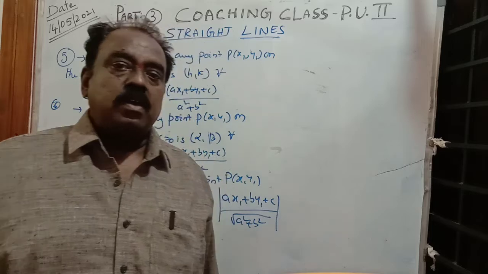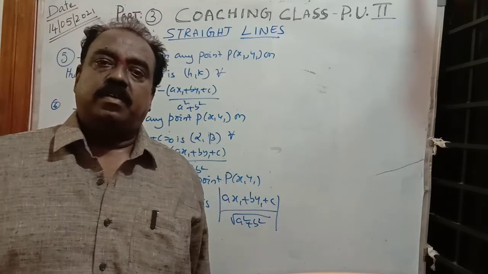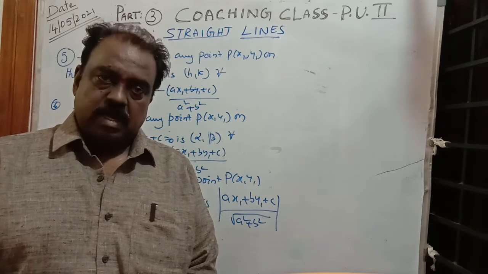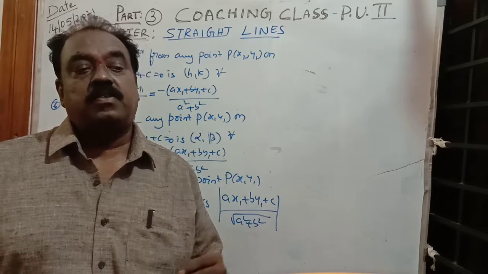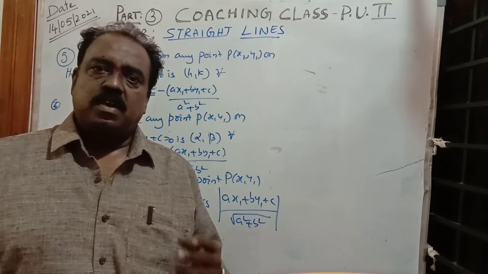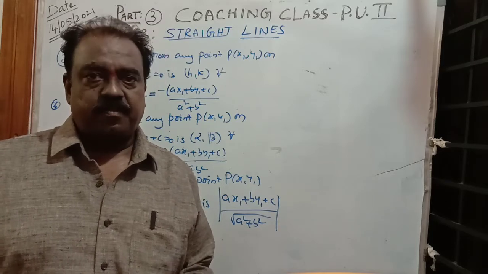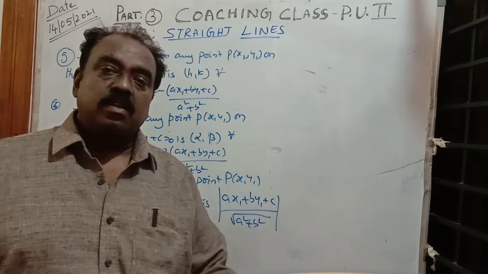It is a coaching class for second year PU2 and we are in the synopsis of straight lines. Here I want to take 20 formulas which are useful to solve the problems in a shortcut way. Those formulas are not in the regular syllabus.